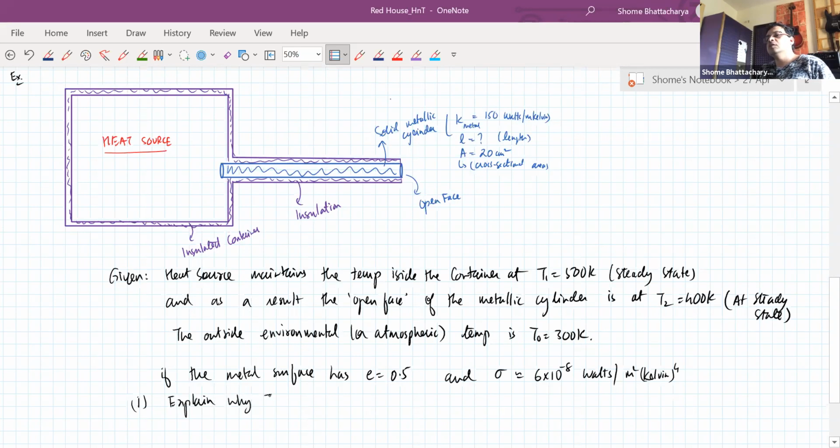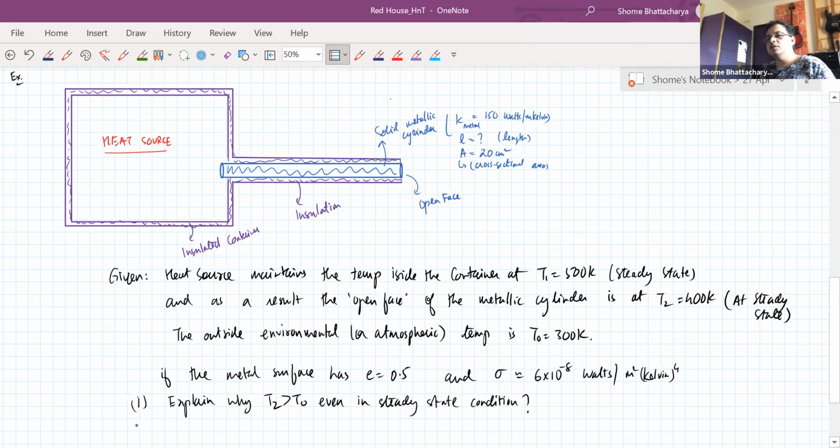Okay. So if these values are given to us, first of all, you have to explain why T2 is greater than T0, even in steady state condition. Of course, that's not the type of question you will get in JEE because you have to explain this.